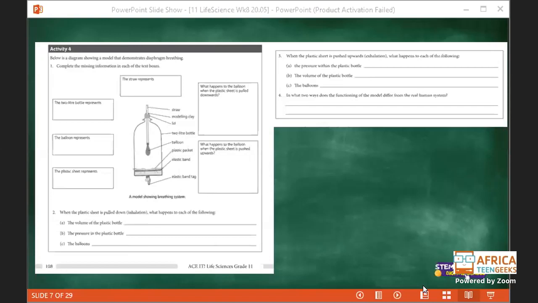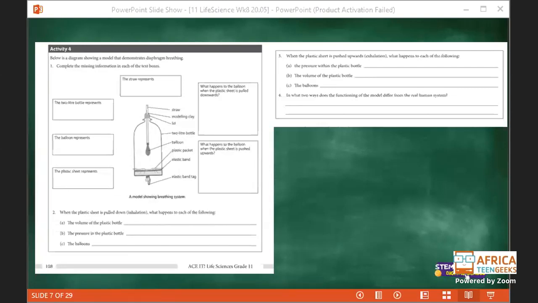All right. A, it increases. And then what happens to the pressure in the bottle? We just dealt with this now, guys. What happens to the pressure in the bottle? It decreases, right? And then what would happen to the balloon? Okay, I see an answer here. The thoracic cavity increases, the pressure in the lung decreases. Beautiful.